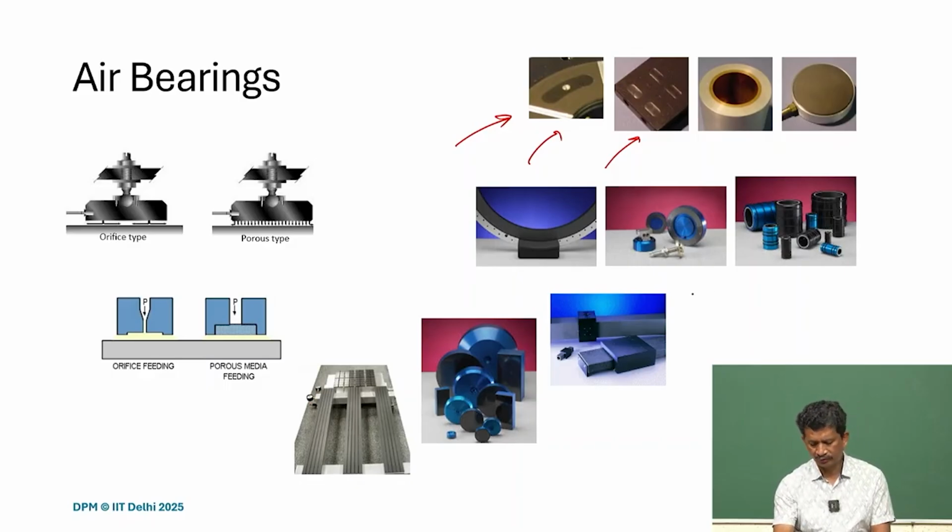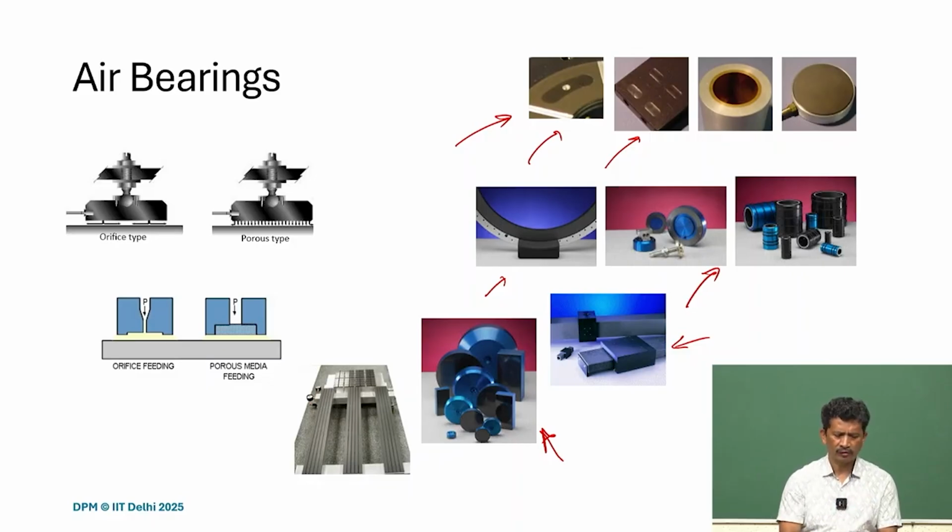The other class, you can see here, is porous air bearings, and there is one company making these kinds of porous bearings, New Way Bearings from USA. But I think there are a lot of companies now trying to develop this kind of porous air bearings.